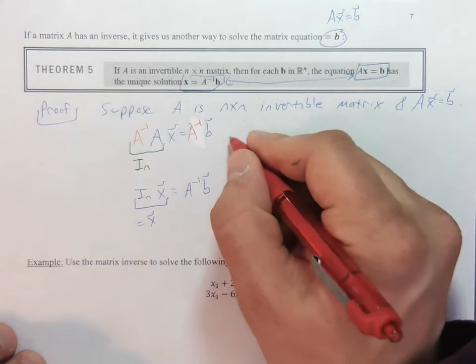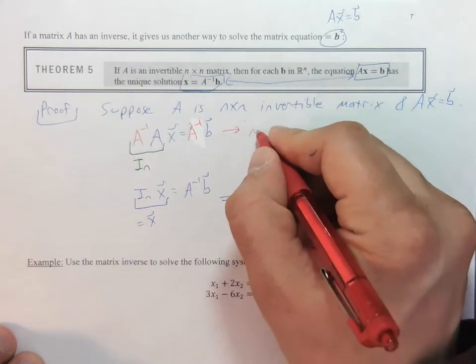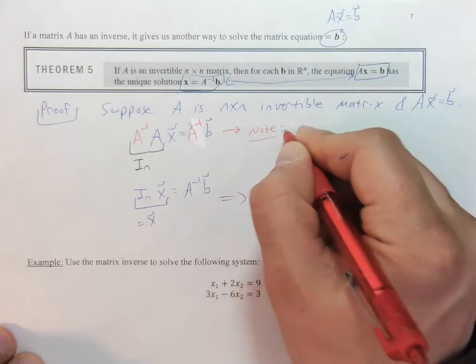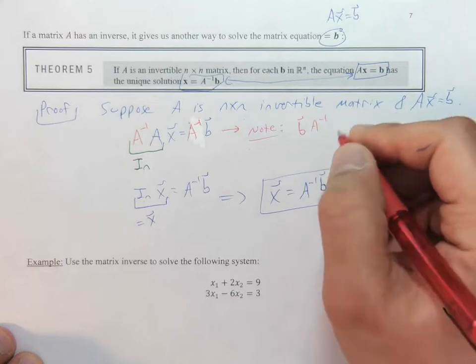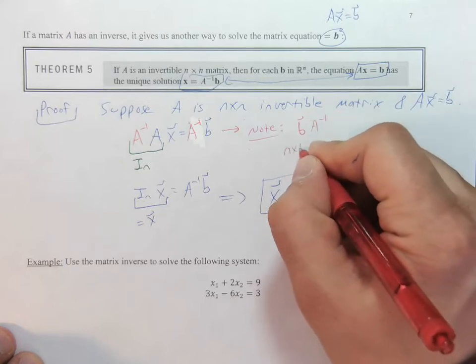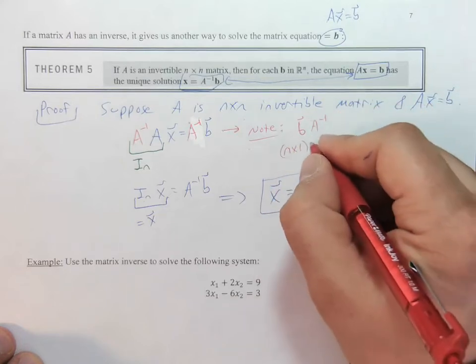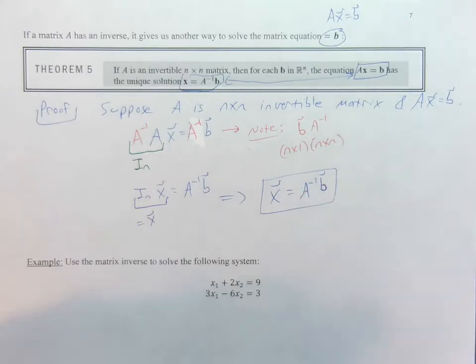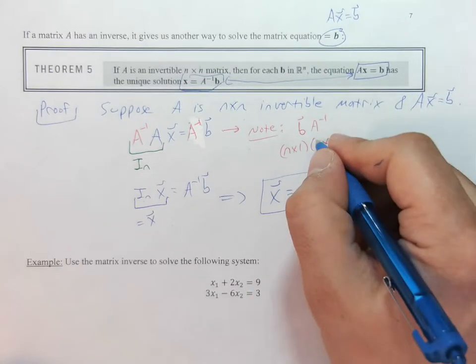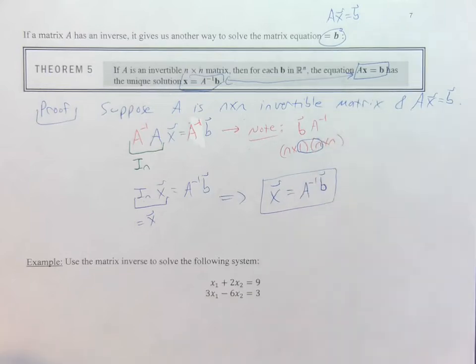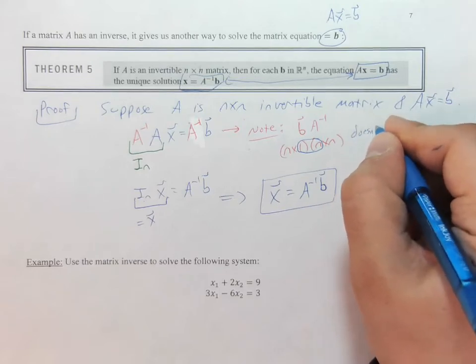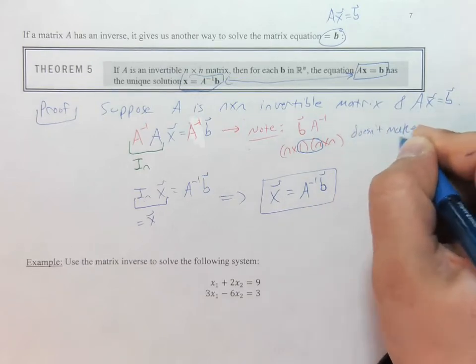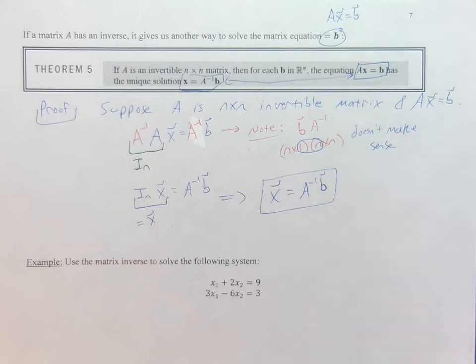In other words, if you multiply on the right and you had like B times A inverse, well, B is an n by 1 matrix, and A inverse is going to be square, n by n. And so these inner dimensions are not going to match, and so you can't multiply on the right. Not only will it not give you the right answer, but it's not even possible to do, right? And so this doesn't make sense, which is why you need to multiply on the left.